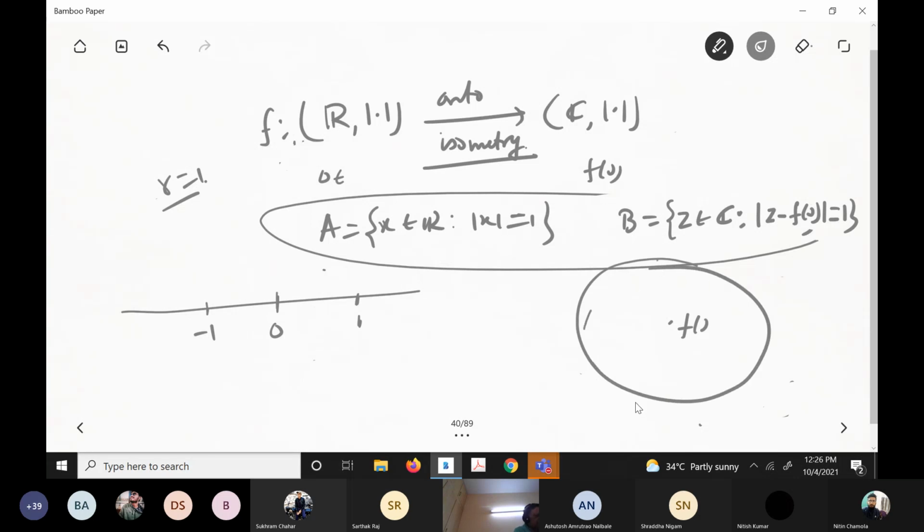But this is an infinite set, and this is only a finite set of 2 points. So they cannot have the same cardinality. There is a contradiction. That's why there is no onto isometry. Okay, right? I have given you this thing here, we will come back to it. You think about it. There is no onto isometry from R to C.